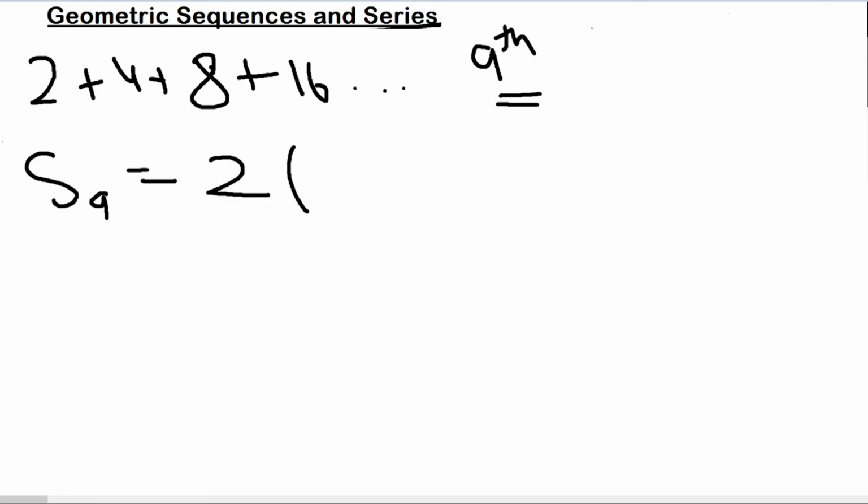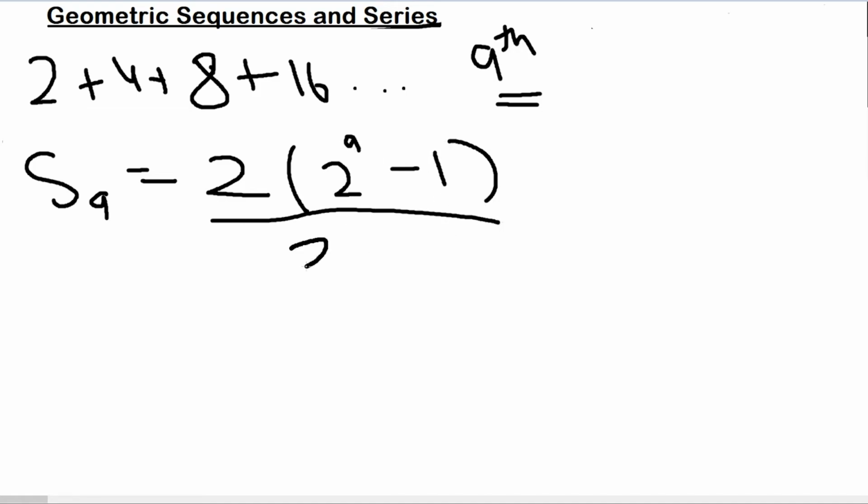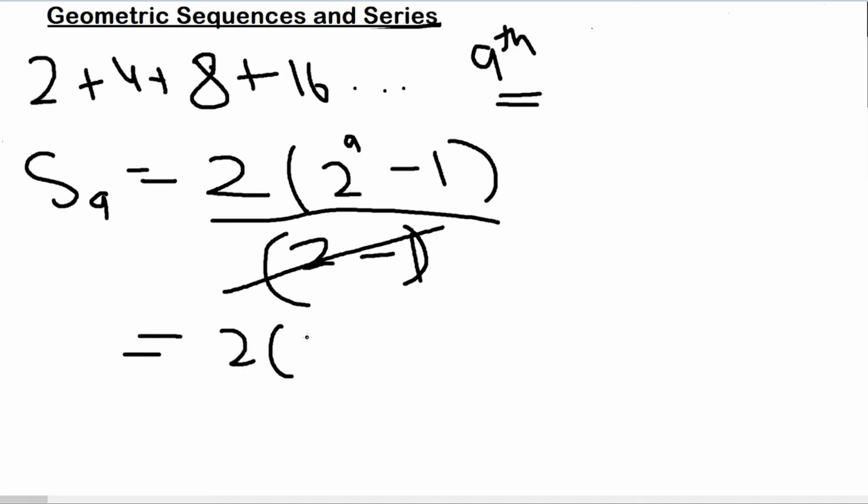Since r is greater than 1, we will use the alternative formula in which r comes before the 1. So we'll have 2 times 2 to the power of 9 minus 1, divided by 2 minus 1. Now 2 minus 1 is just 1, so you can cancel this out. We'll get 2 times 511, which is 2 to the power 9 minus 1, and this is 1022.